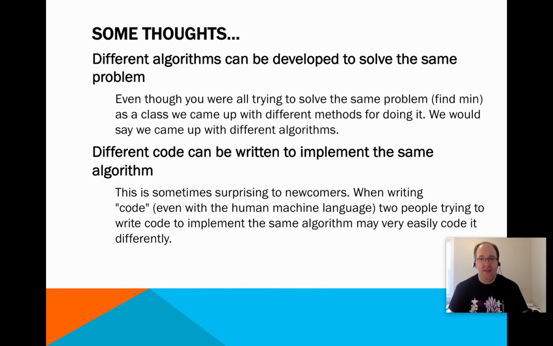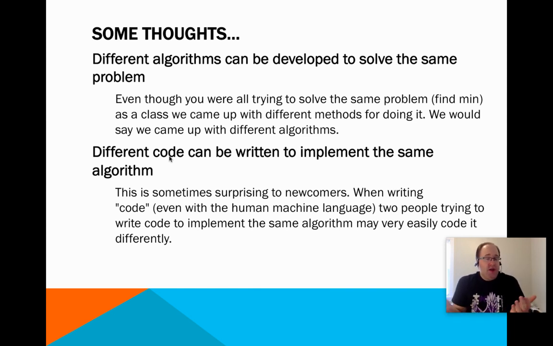And then even when we agree on an algorithm, different code can be written to implement the same algorithm. We saw it here just in this example. We had two different ways to get the right hand to the end of the list, to card number 7, right? So we had one set of code that took 7 lines of code in order to do that, and we had one that took only 3.